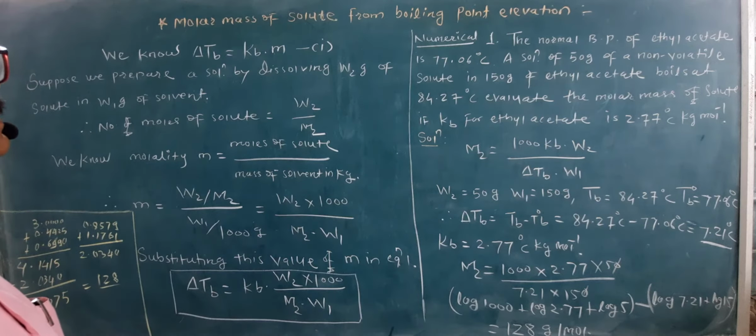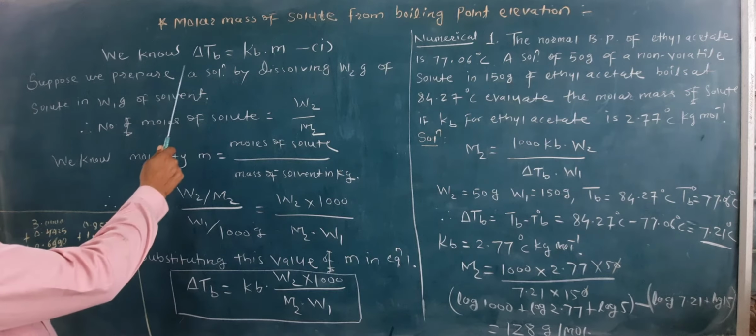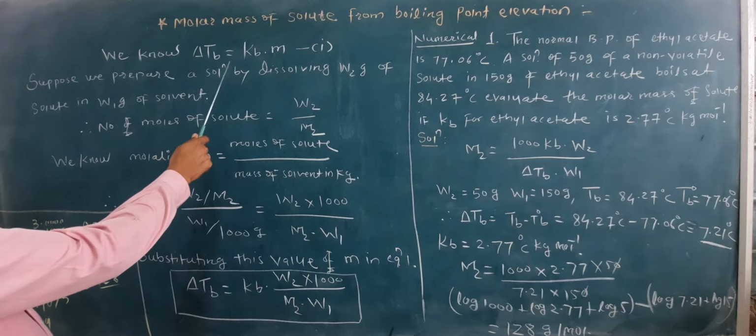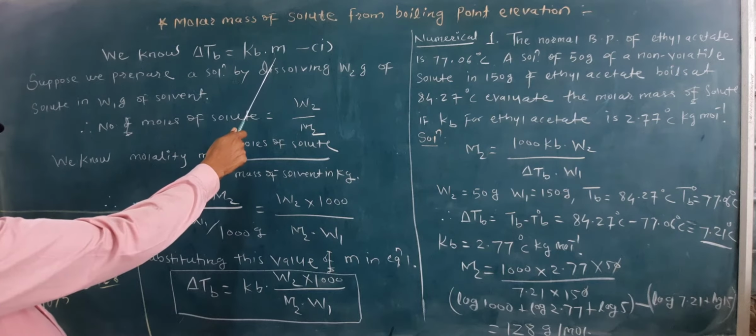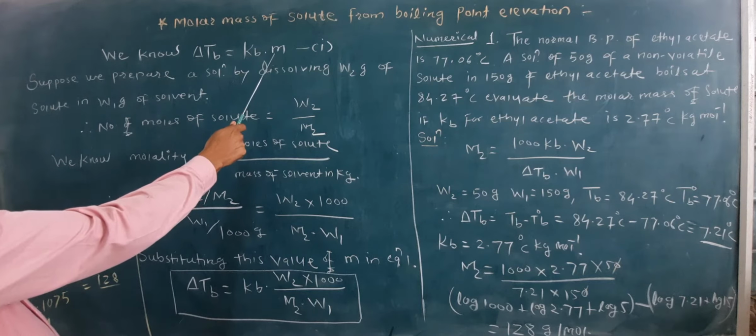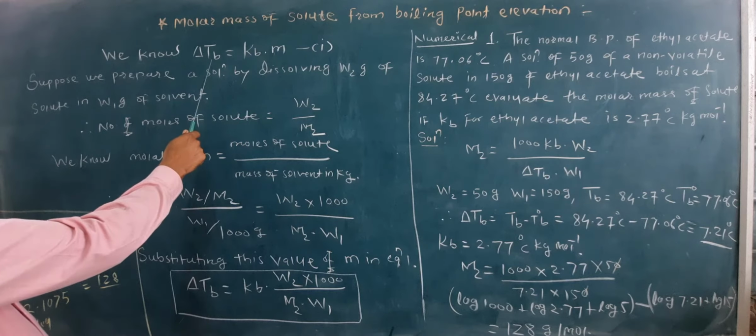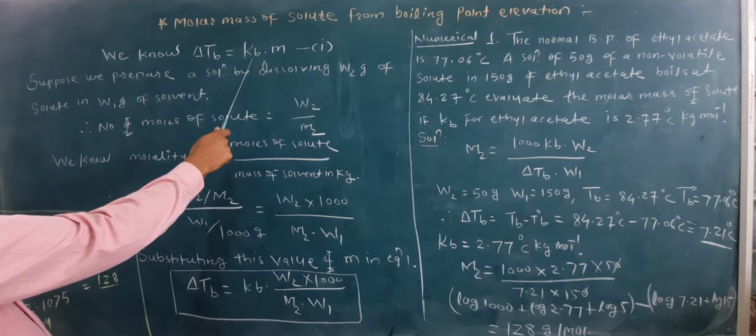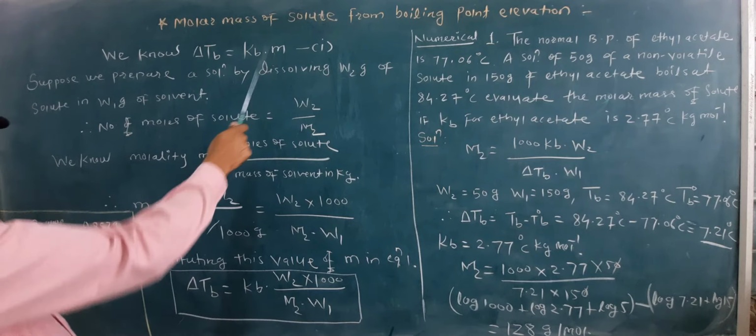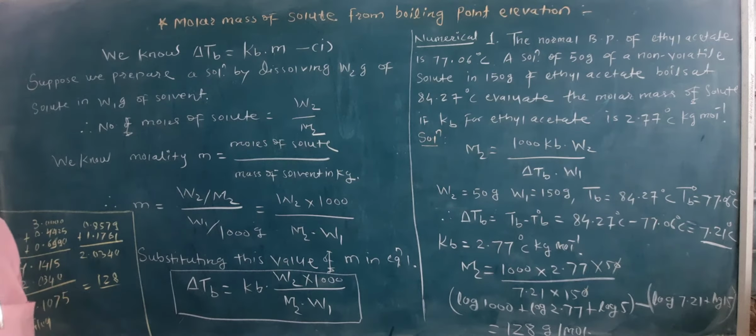We already know that delta Tb is equal to Kb into m, where delta Tb is the elevation in boiling point, Kb is the molal elevation constant, and small m is the molality. We studied this relationship in the previous video.